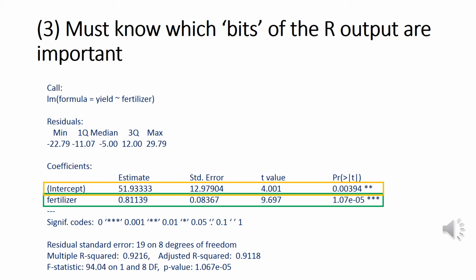And of course, the 2 estimates A and B, so intercept and slope, these 2 estimates can be plugged into our regression equation, which in turn can be used for prediction. Another key part of the regression output is the adjusted R-squared value. Here you can see it equals 0.9118.